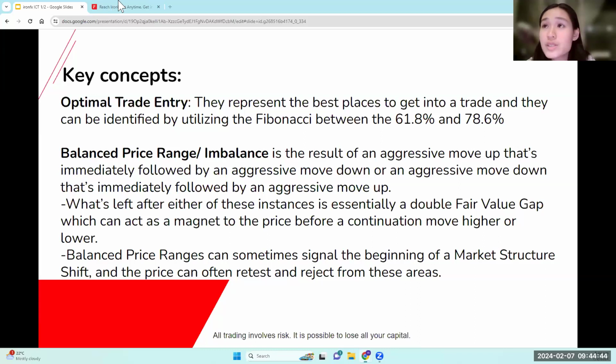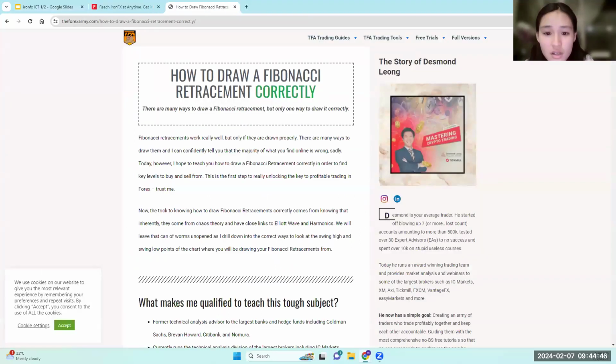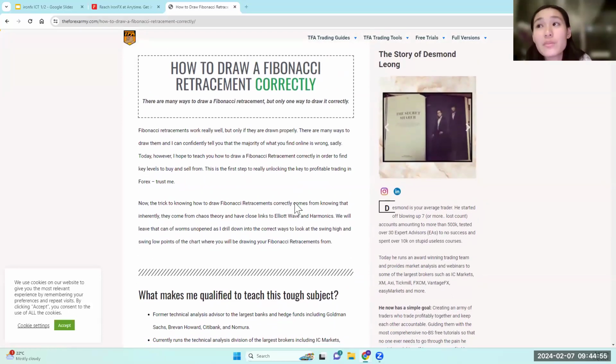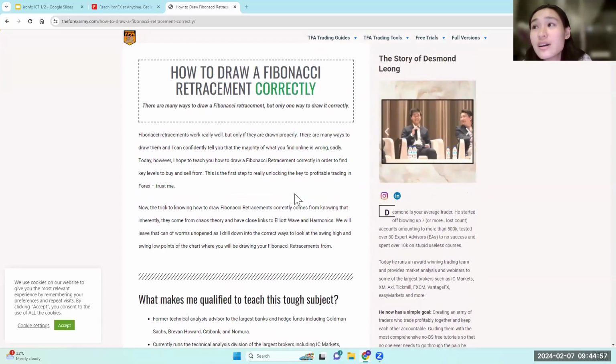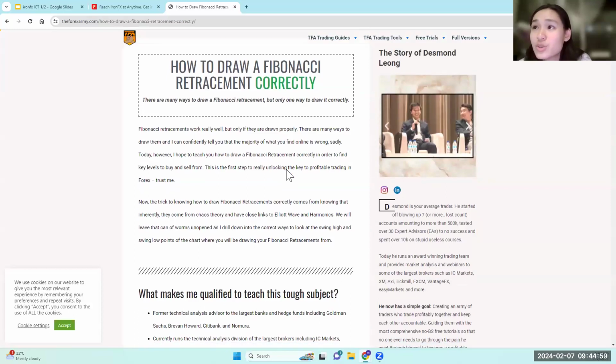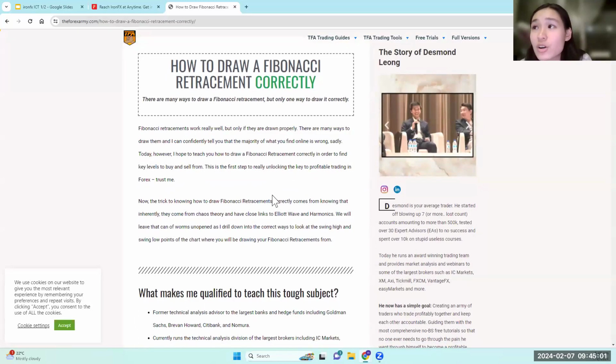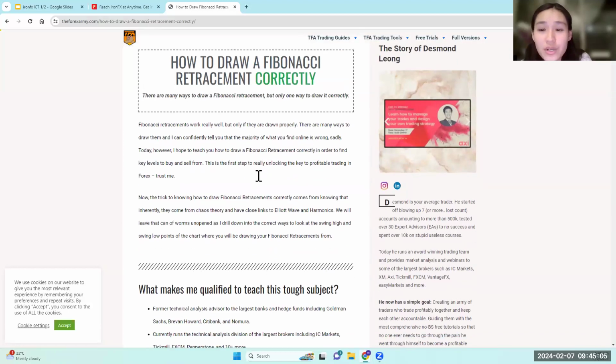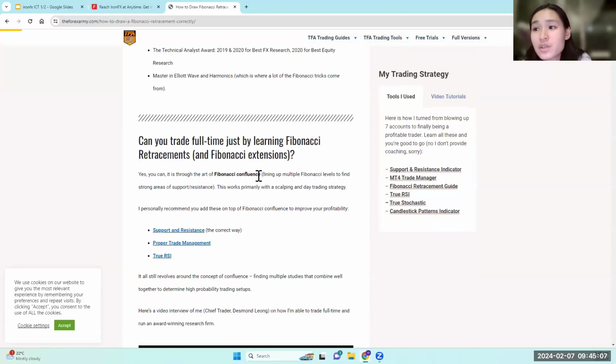Okay, so if you missed our Fibonacci series, not to worry, because we'll probably go through that again. But because we recently finished that, it might be a while. Anyway, the website that we recommend you to go through is theforexarmy.com, and it goes through how exactly to draw a Fibonacci retracement correctly.